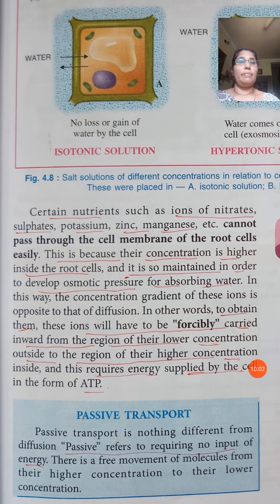We know that by the oxidation of glucose, mitochondria store the energy in the form of ATP. Using that ATP, that energy, roots absorb nutrients like ions and salt from the soil. That is active transport.